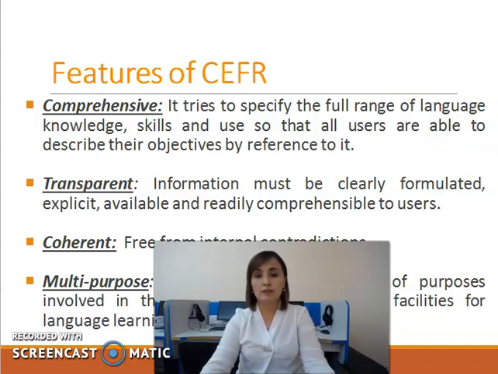The next feature of CEFR is transparent. Information must be clearly formulated, explicit, available, and readily comprehensible to users. The next one is coherent, free from internal contradictions. Multi-purpose, usable for the full variety of purposes involved in the planning and provision of facilities for language learning.